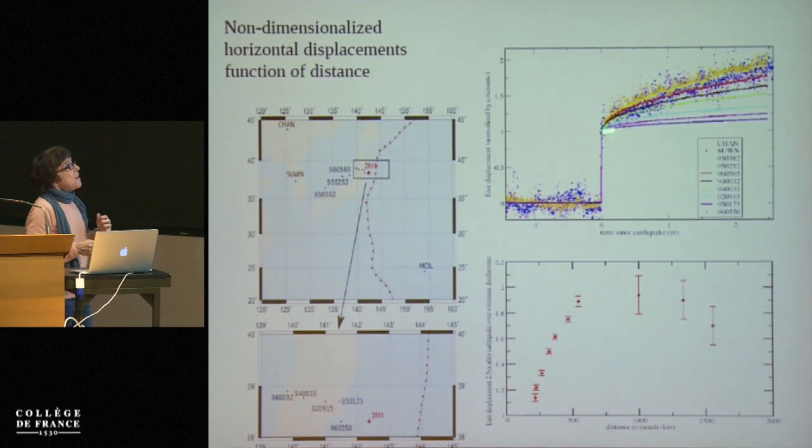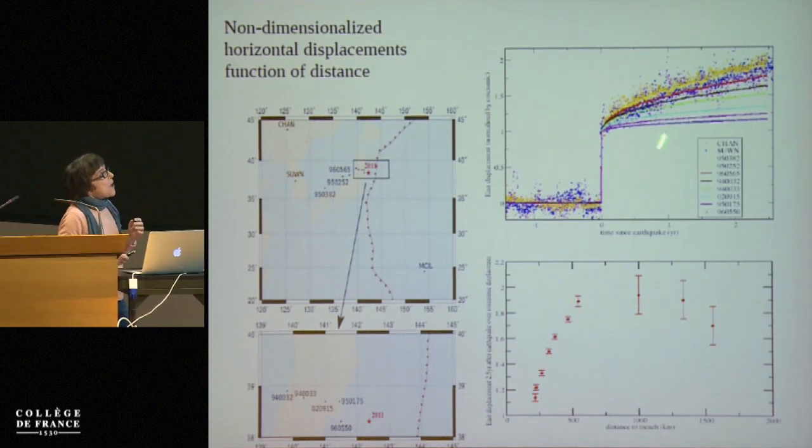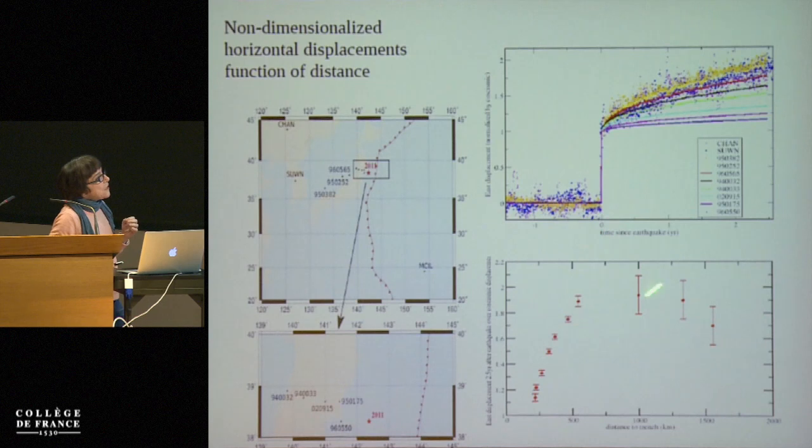And we can again take this graph and plot, as a function of distance to the trench, the post-seismic deformation, non-dimensionalized by the co-seismic.